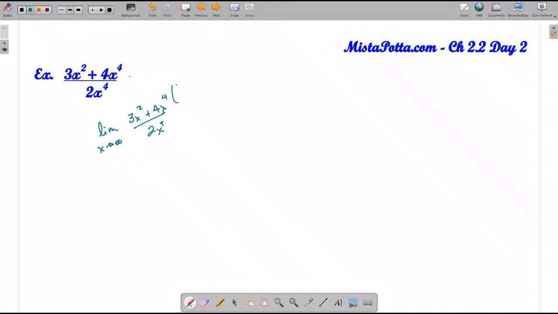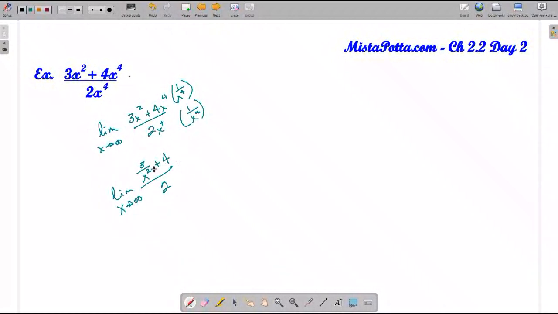That ends up getting rid of the degree in the denominator, but it also eliminates all the degrees in the numerator. So I just end up with 3 over x squared plus a constant 4 over a constant 2 as x increases without bound.